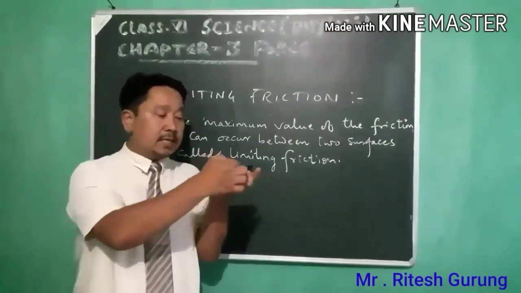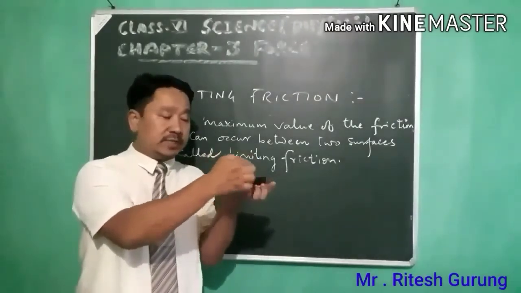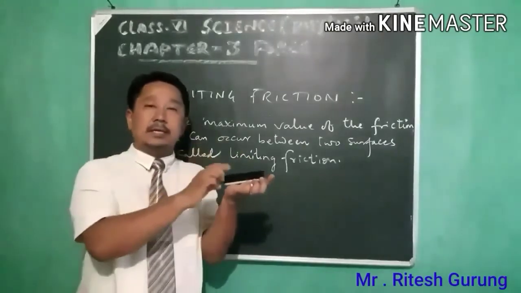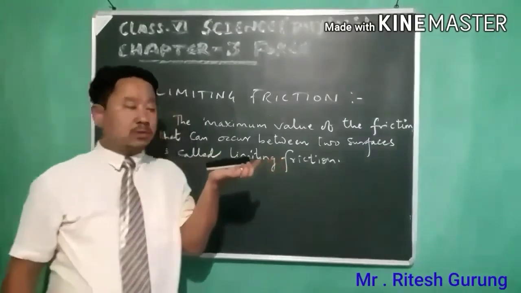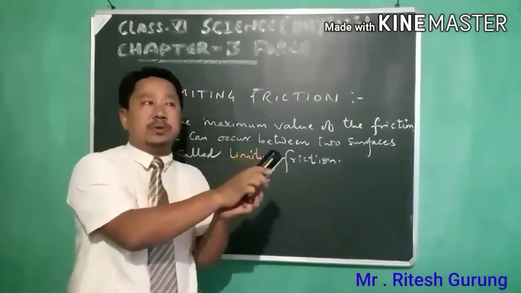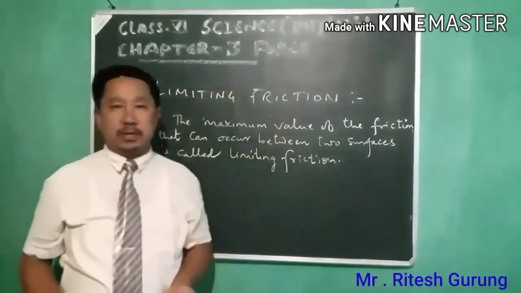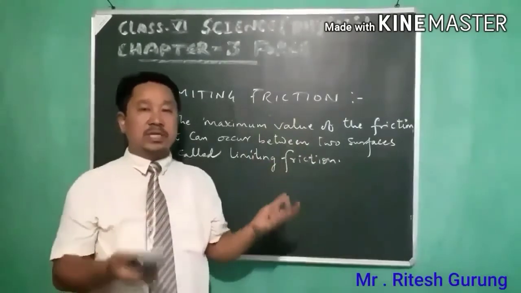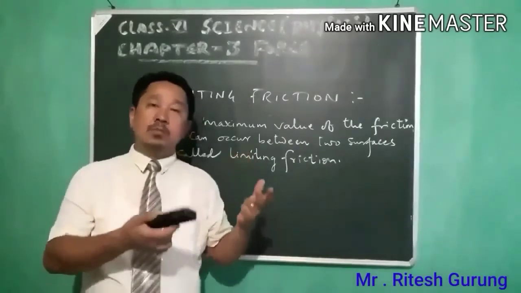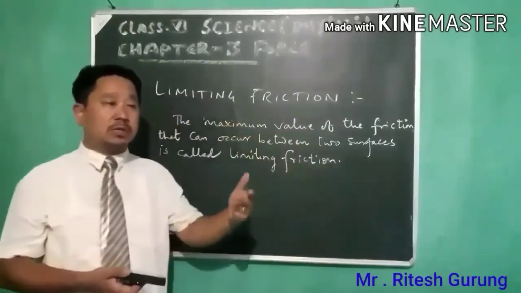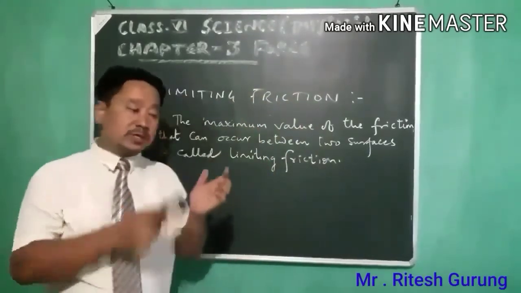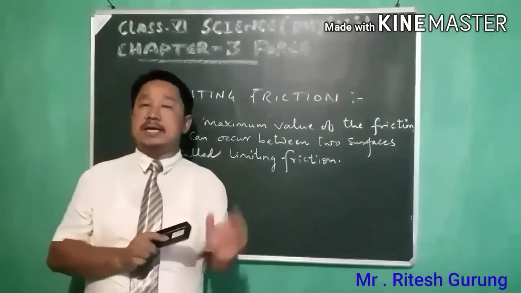To some extent it can increase, but after a certain limit the friction doesn't increase. So when you apply more force, then it will move. Otherwise things would not be moving anywhere. If things are just kept on the table or anywhere, you could not move them if the frictional force kept on increasing in the opposite direction. But it doesn't happen so, because the frictional force also has its limit.